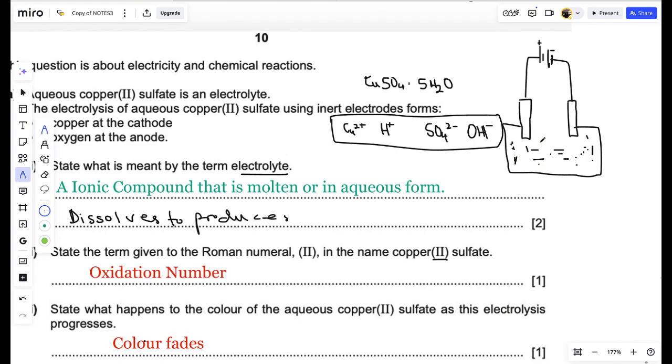We have Cu2+, copper(II) ions. We have hydrogen ions, H+.